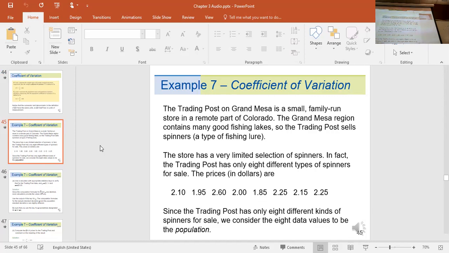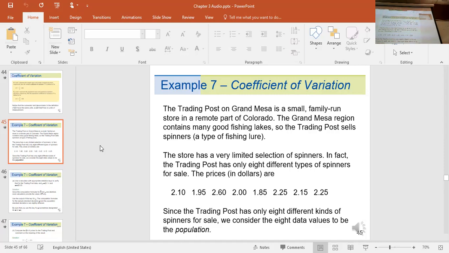So this is 1 standard deviation. Add 2.14 to 0.22. So these are the values that are within 1 standard deviation from the mean.